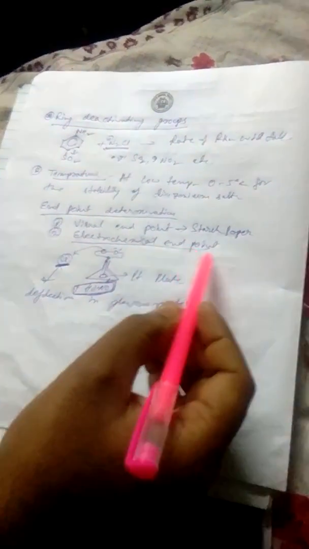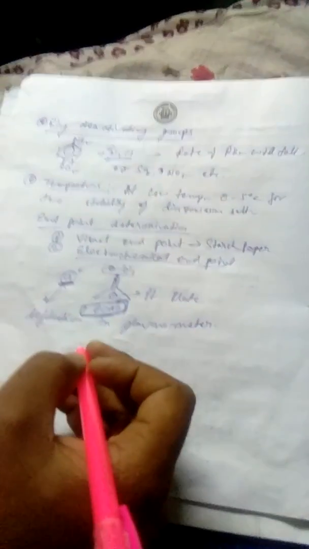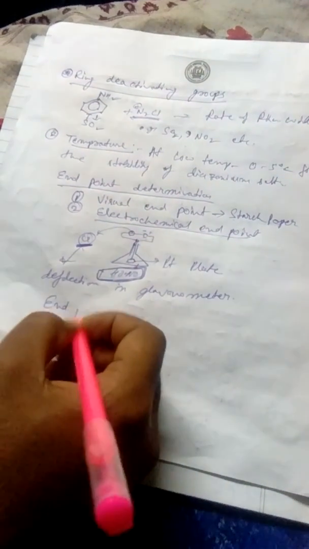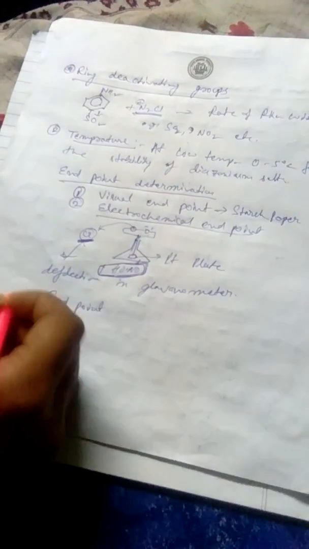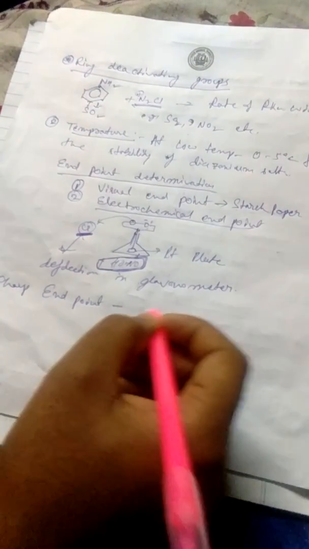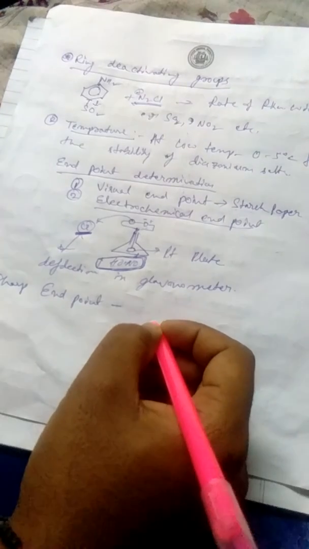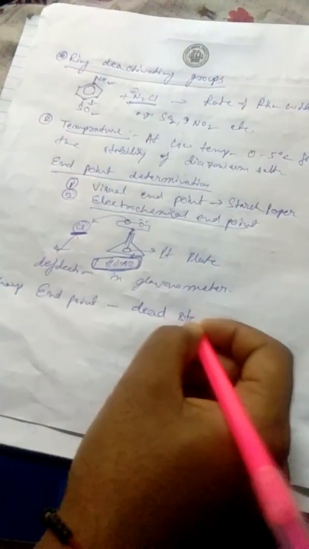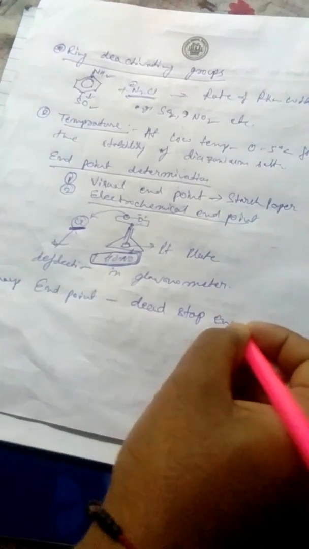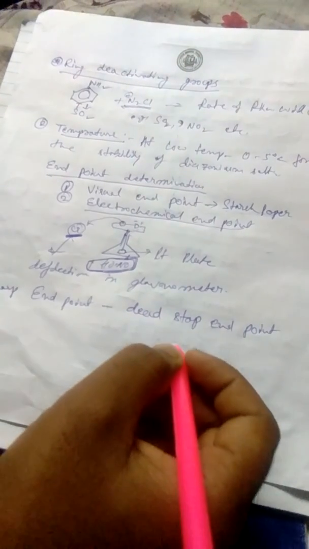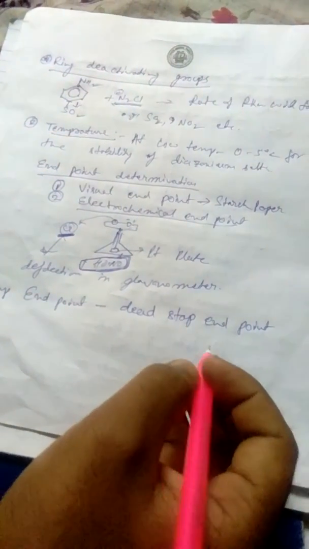But at the electrochemical endpoint, we will get a sharp endpoint, and this sharp endpoint is called the dead stop endpoint.